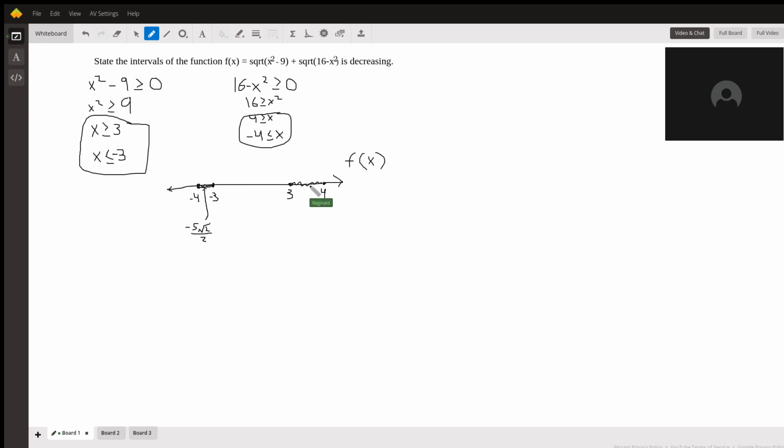Likewise, here I can add positive 5 square root of 2 over 2.